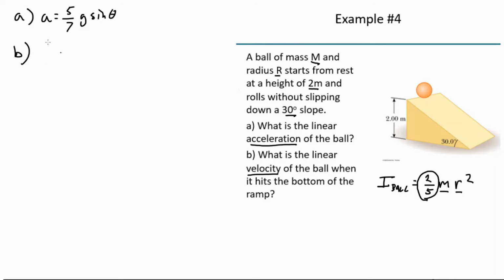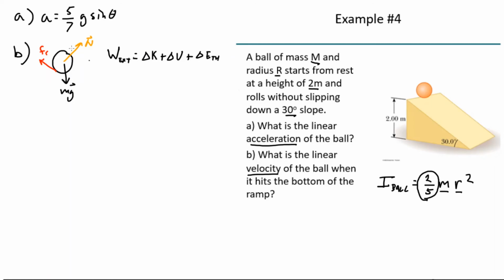Well, remember our free body diagram for the ball. I'll just redraw it. There is mg pointing down. There is the normal force N pointing like that. And there is a static friction force acting on the ball. Okay, so we can use the work-energy theorem, which says that the work done by external forces on this ball equals the change in kinetic energy plus the change in potential energy plus the change in thermal energy.